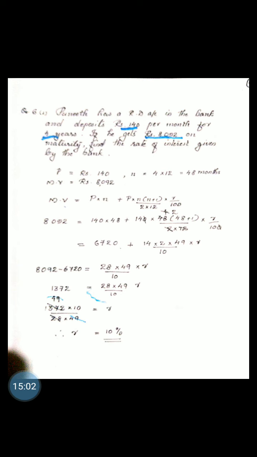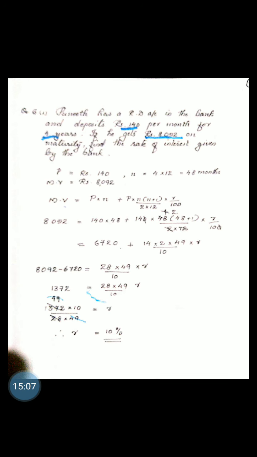So, number of years is 4, and convert that years into months. So we get n is equal to 4 into 12, which is equal to 48 months. Here maturity value is equal to rupees 8,092 and P is equal to rupees 140. Is any other thing given? Yes, maturity value, P and N.